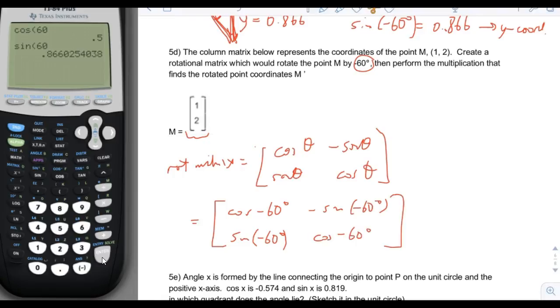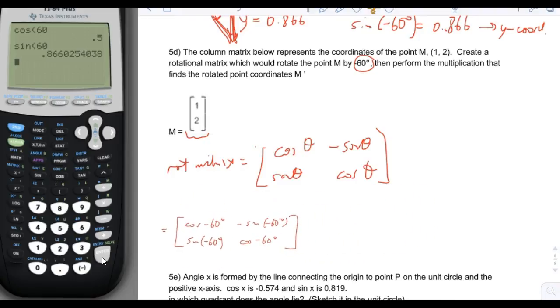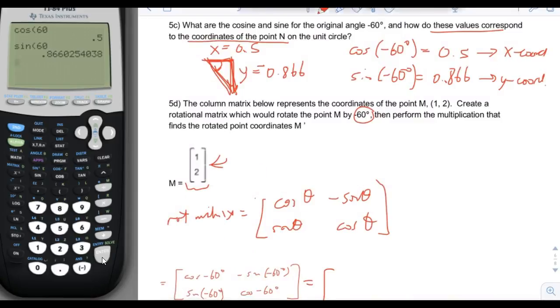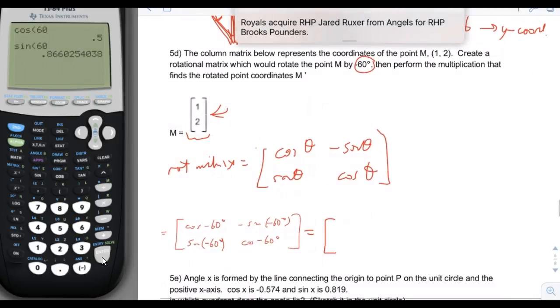Okay, so if we do that, then we're going to have a rotational matrix which we can multiply times 1, 2, the matrix here. And then that will give us a new matrix, which is that point 1, 2 rotated by negative 60 degrees. So let's rewrite that. The cosine of negative 60 degrees, we're going to go to the previous problem, and we're going to see that it's 0.5.